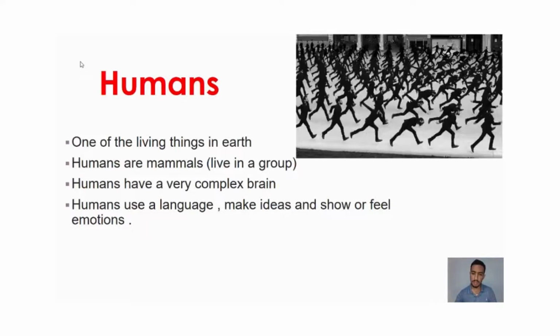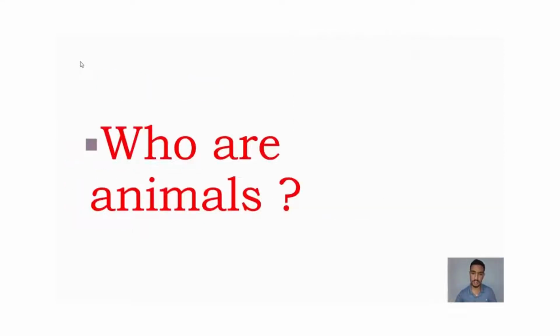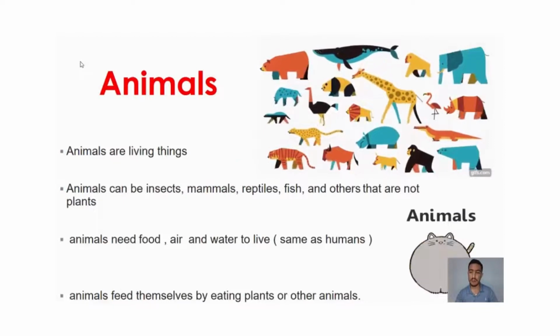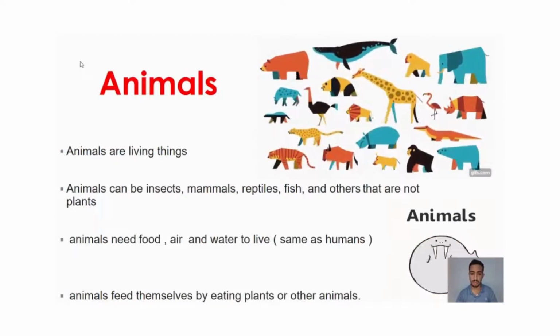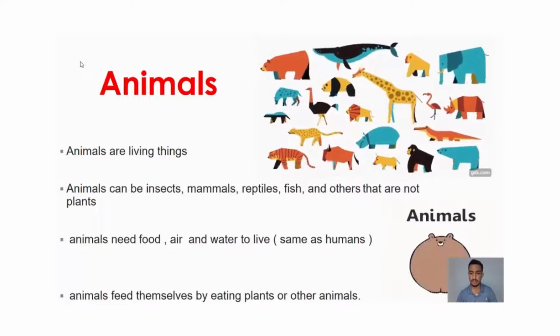Let's go to other living things here. The second one that I mentioned: animals. So who do you think animals are? Do they have similar characteristics as humans maybe? Let's see. Basically, animals are living things too, same as humans, same as plants. Animals can be different from humans.